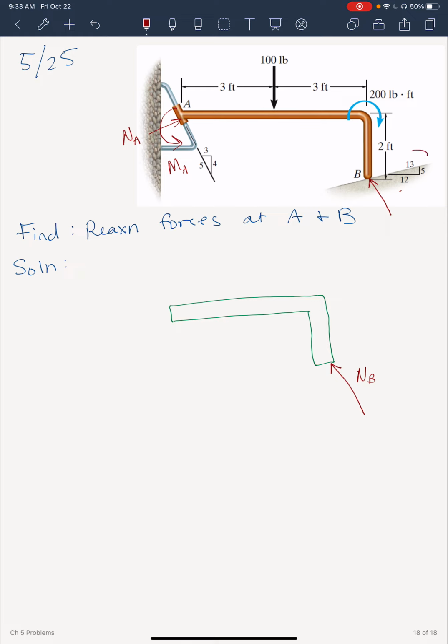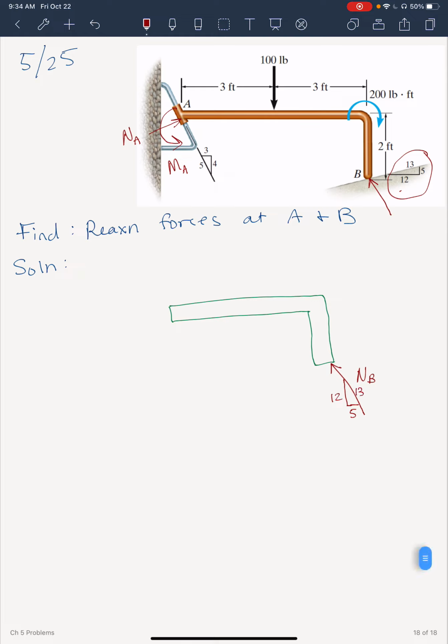And they tell us the surface goes over 12 and up 5 is the slope. So instead it'll go over 5 and up 12. So 5, 12, and 13. So that's that common triangle.